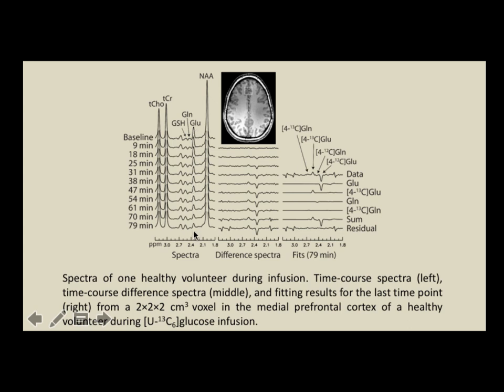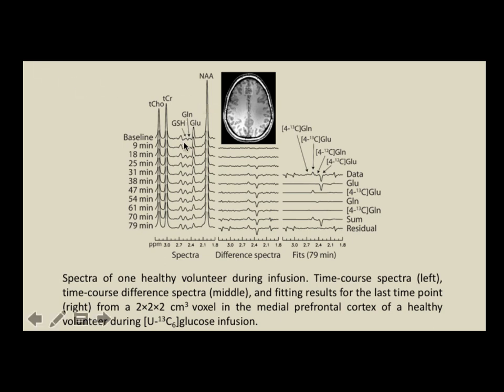It becomes smaller and smaller. Why? Because once the carbon-12 is replaced by carbon-13, that peak will be gone. At the end of the infusion, the peak is much smaller because carbon-12 in most of the glutamate molecules is replaced. There are still some molecules not replaced by carbon-13.